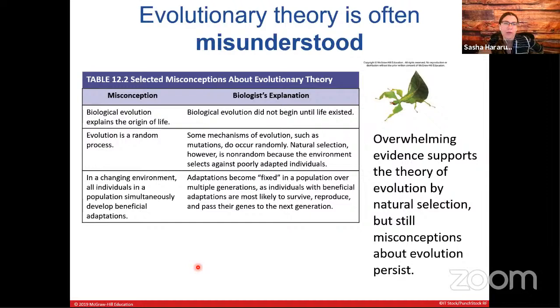So no single individual can evolve. Only the population can evolve, because we look at the frequency of the allele within the population gene pool.